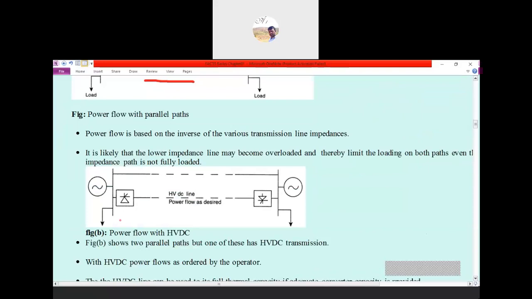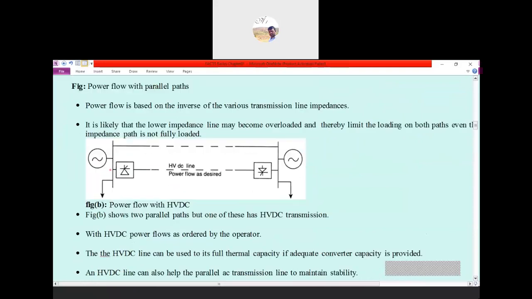Similarly, in the transmission line, we have two generators, and both are interconnected. One transmission line has impedance X, and another transmission line has impedance 2X.